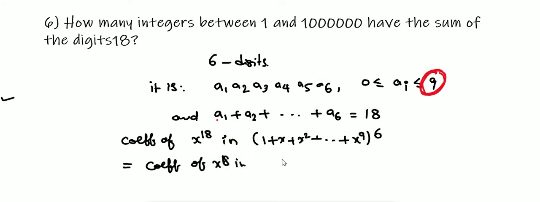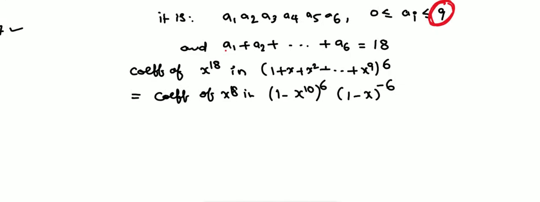So this is the coefficient of x power 18 in (1 minus 6c1 x power 10). No need to write the second term onwards, because the second term would be 6c2 x power 20, but we are looking for only x power 18. So those terms will not have any role in finding the coefficient, so I neglect writing the next terms.